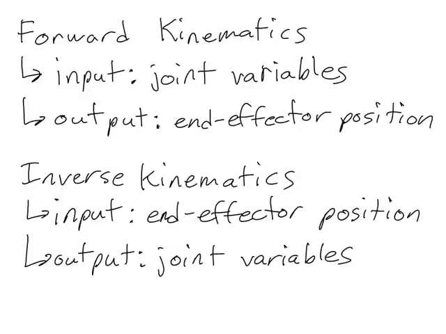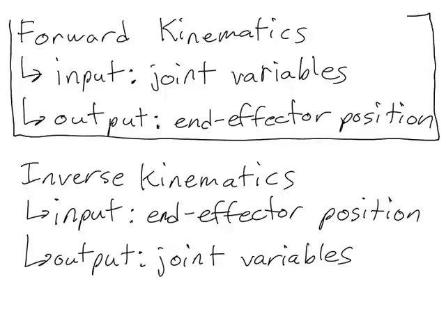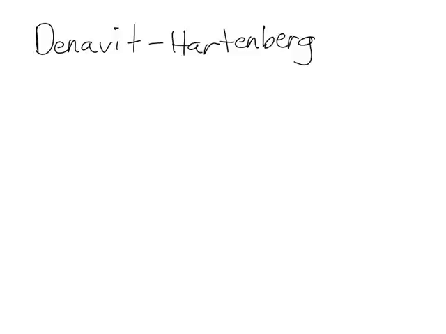In this set of videos, we're going to go back and look again at the forward kinematics problem, but we're going to learn a slightly different method of doing this than what we learned previously. The method that we are learning today for doing forward kinematics is called the Denavit Hartenberg representation method.